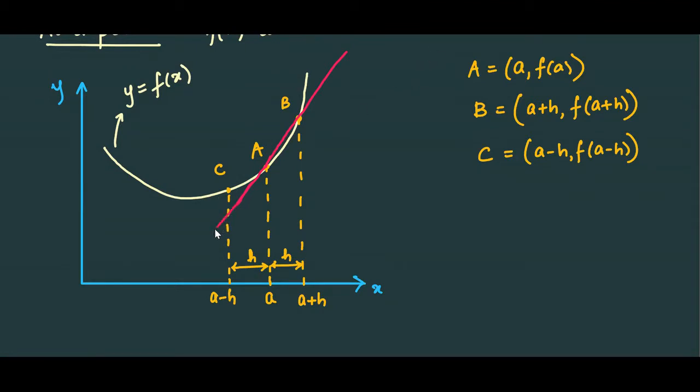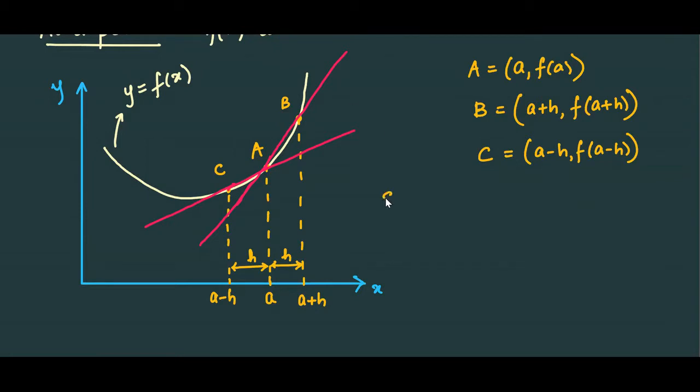It becomes a secant. This is called the secant. All right. Now, AC also I join. I'll get another chord.